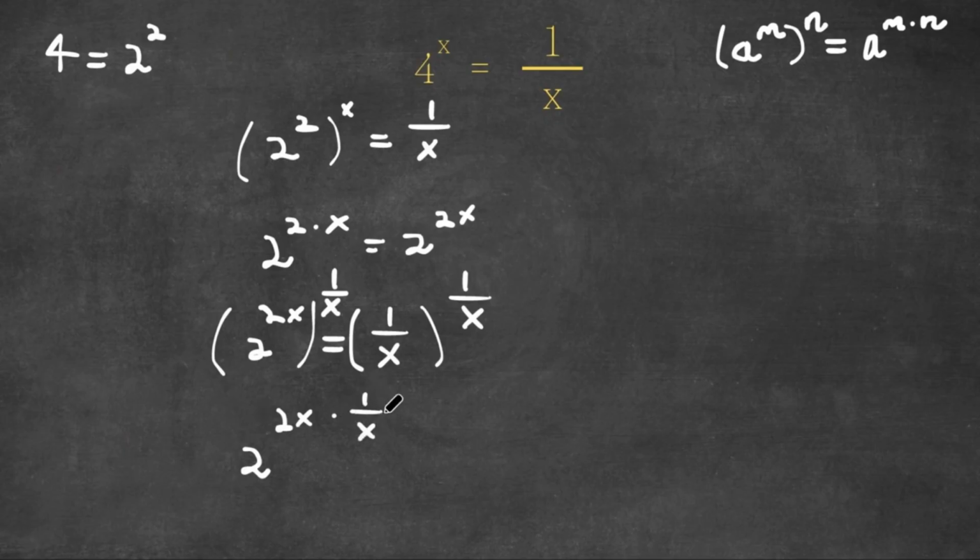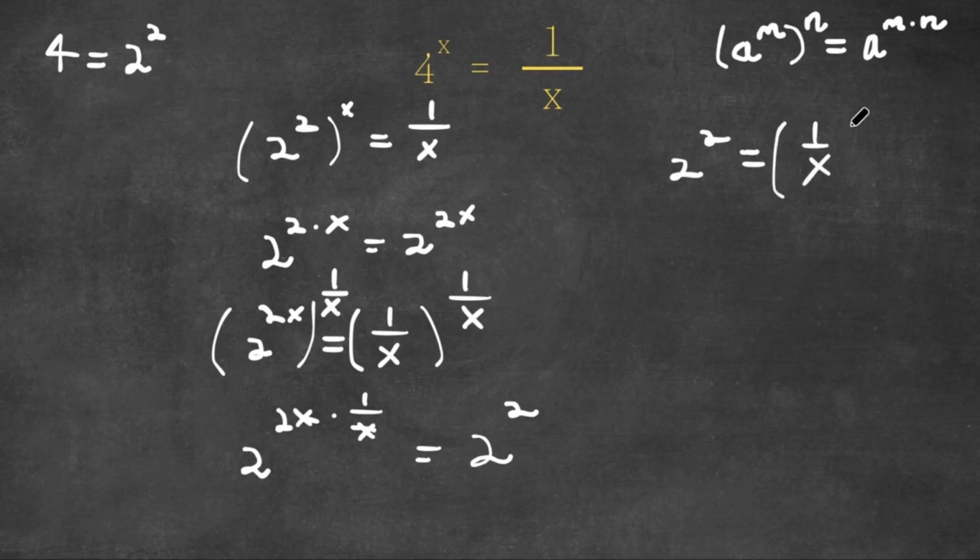And 2x times 1 over x, well, the x's just simply cancel out, so this would just be 2 squared. So now we have 2 squared is equal to 1 over x to the power of 1 over x.